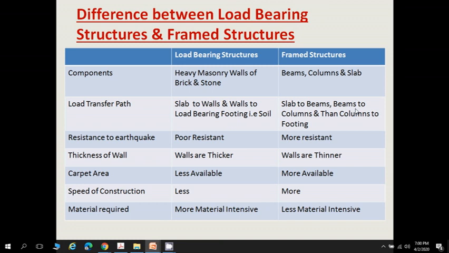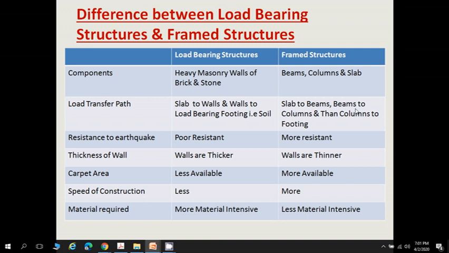In a load bearing structure, the slab load is directly transferred to the walls, and walls to the load bearing footing, that is the soil. In a framed structure, the slab load is transferred to its interconnected beams, then beams transfer the load to the columns, then columns transfer the load to the footing, and then it will transfer to the soil.